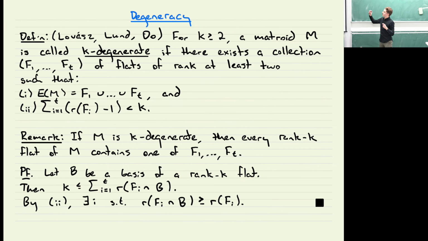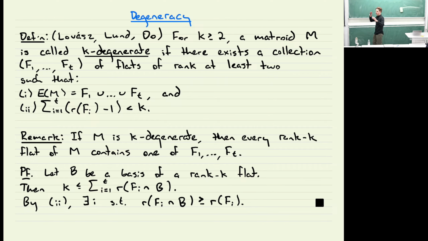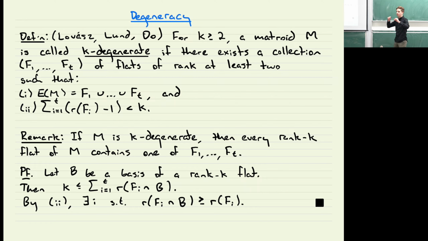So the point of this remark is that with K degeneracy, we're seeing a similar kind of thing to what we saw with the 2 skew lines, right? With 2 skew lines, we saw that every plane was forced to contain one of those lines. And here, in a K degenerate matroid, every rank K flat is forced to contain one of these flats from the cover.